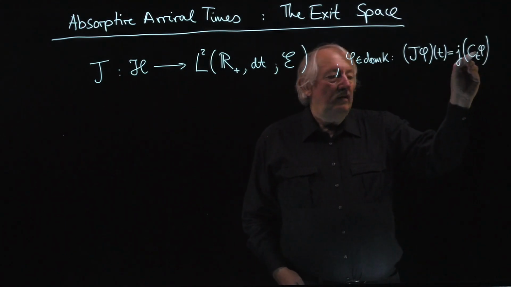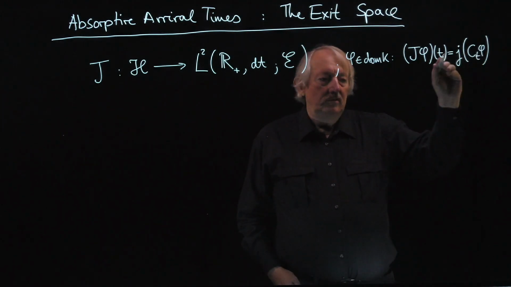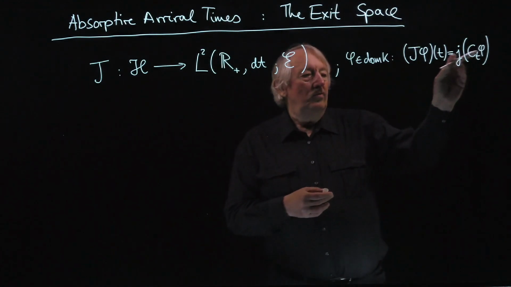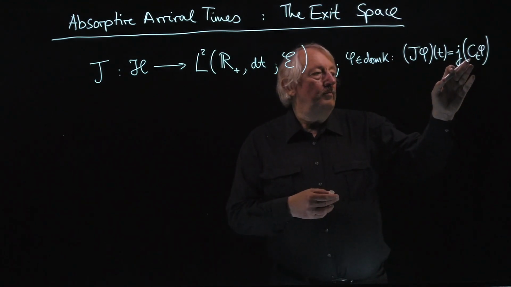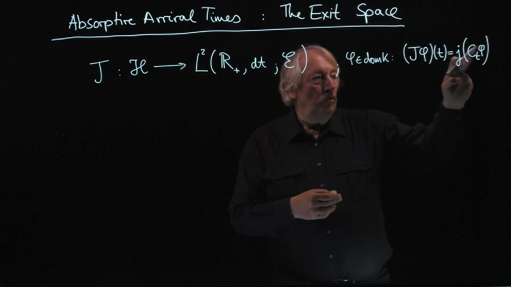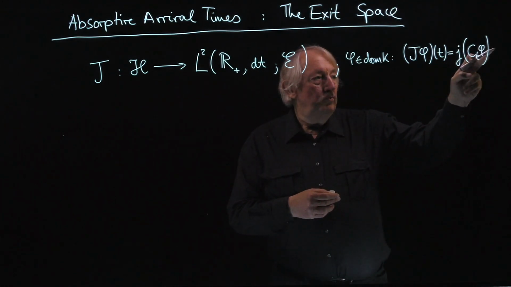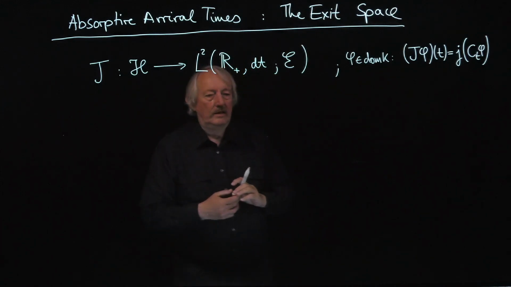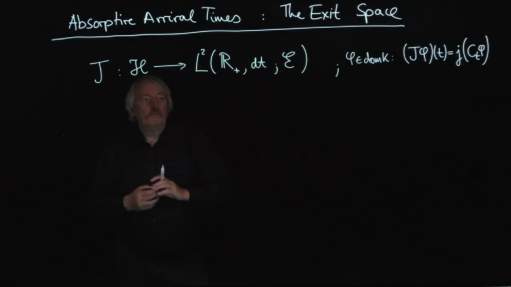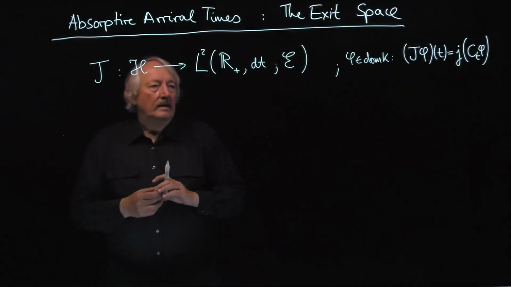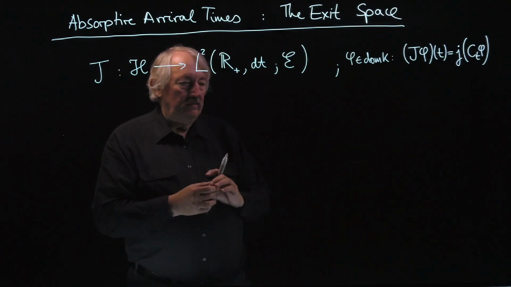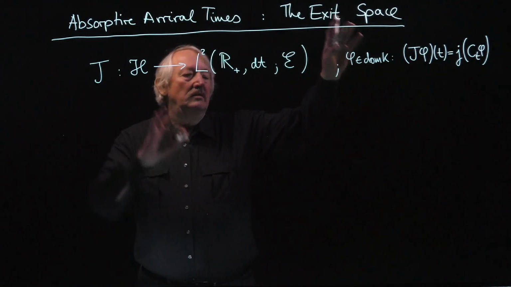Now, if phi is in the domain, then ct phi is also in the domain. It doesn't matter on which side of the interval you differentiate. So this is also in the domain. Therefore, this produces a vector in E, and that is the value of this wave function. Okay? So I claim that this is a nice bounded operator, even though K is unbounded and all this.